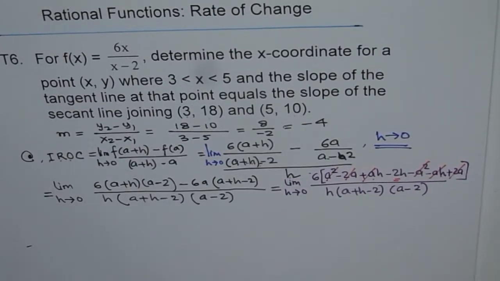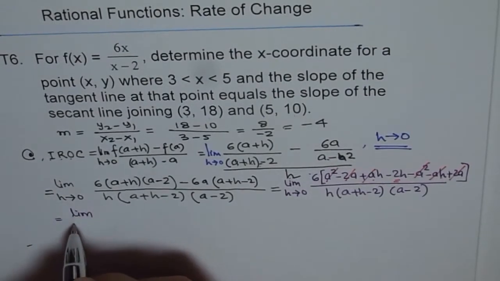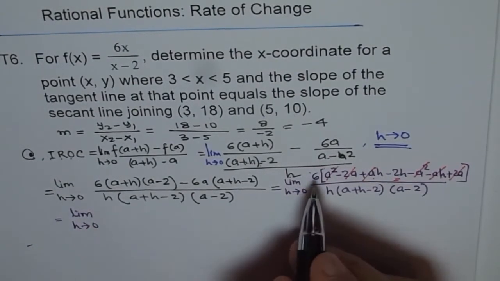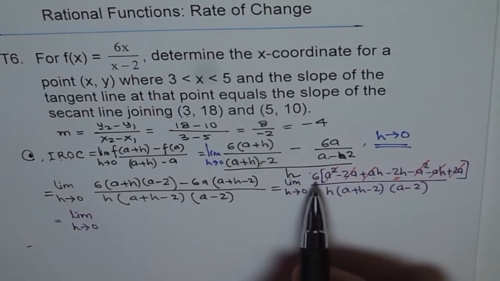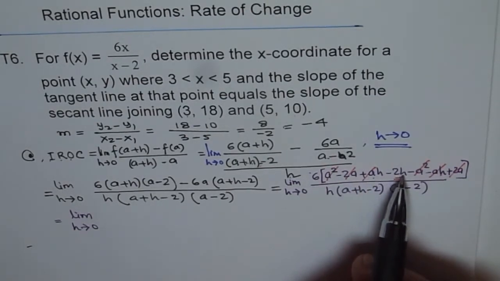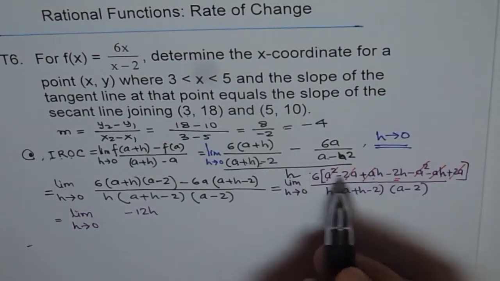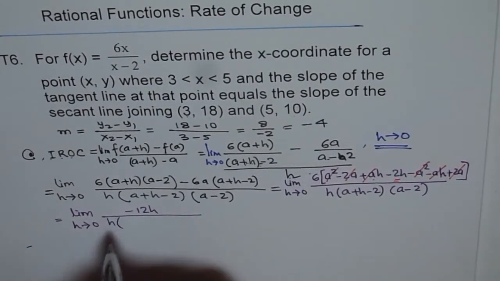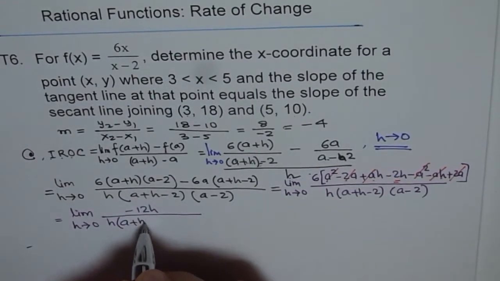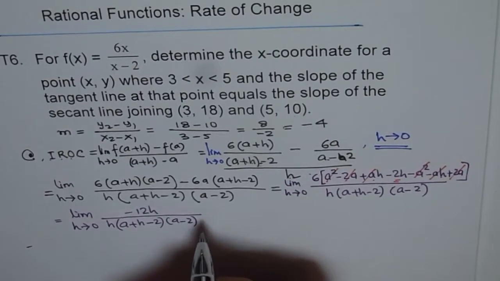So that is what you're left with, and this equals the limit as h approaches 0 of, in the numerator, 6 times minus 2h, which is minus 12h. In the denominator you have h times a plus h minus 2 times a minus 2. Is that okay?